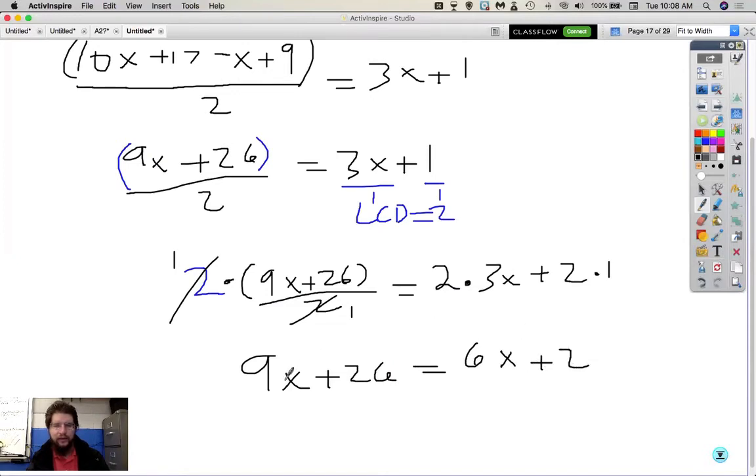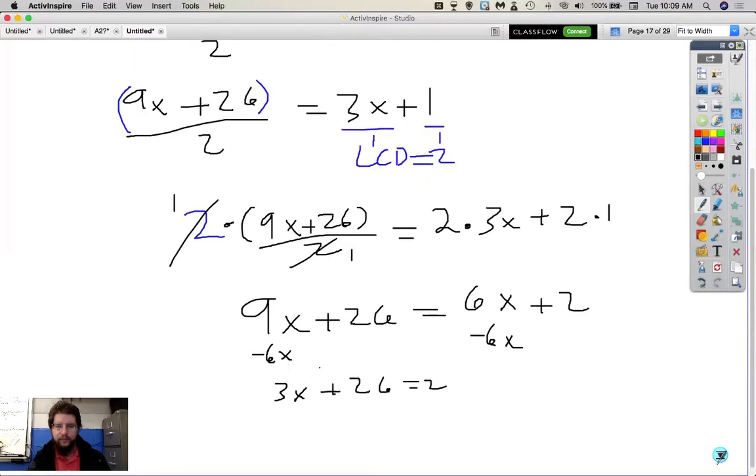Now again, you can get your variable on the left side or the right side. It doesn't matter. Get it by itself. Isolate it. So I'm going to subtract 6x because, well, I like positive numbers. And if I subtract a smaller one, I'm going to get the positive out. All right. So I got 3x plus 26 equals 2.